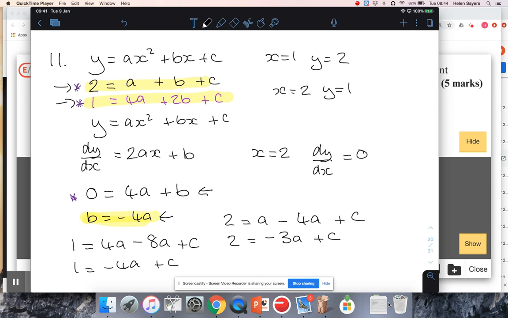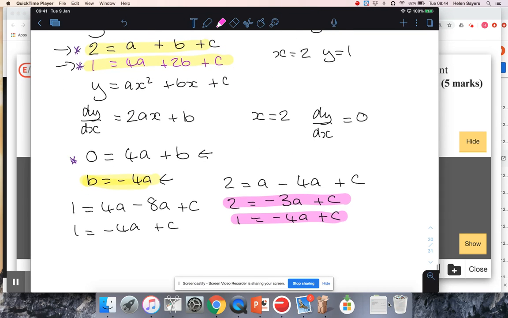Let's write that one underneath there. Okay, now I'm looking at these two equations. They've both got a plus c. So if I subtract them, I've got to be really careful with the negatives. If I do the top one take away the bottom one, 2 minus 1 is 1, minus 3a minus minus 4a is a, and c minus c is gone.